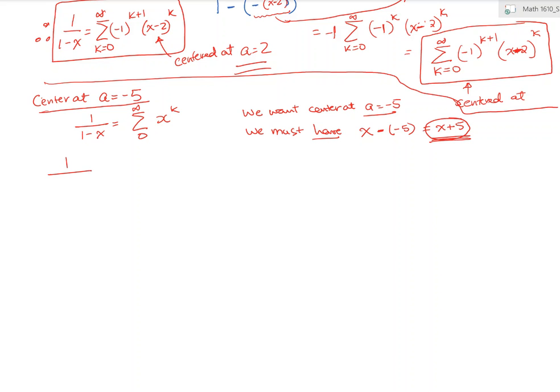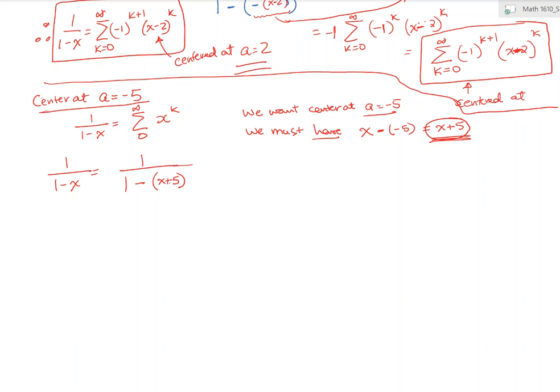So let's start. 1 over 1 minus x is equal to 1 over 1 minus, now I want x plus 5, so let's write x plus 5. But to do that, I essentially got 1 minus x minus 5.